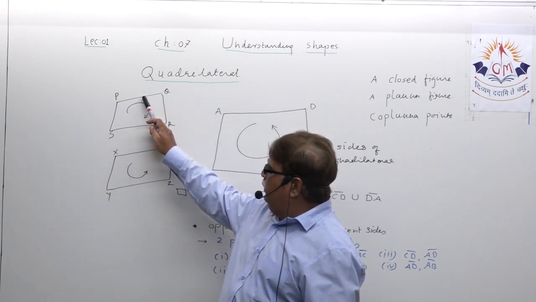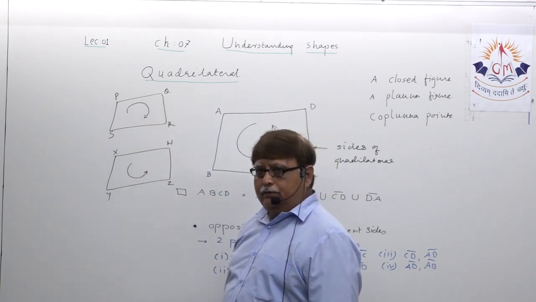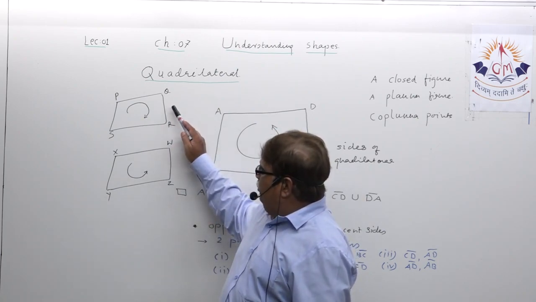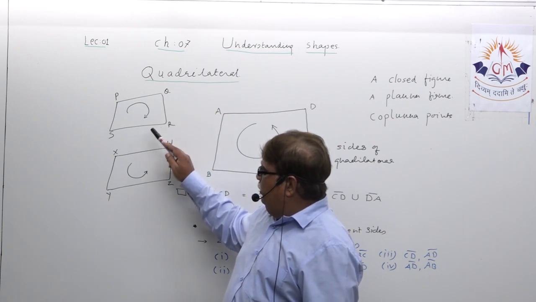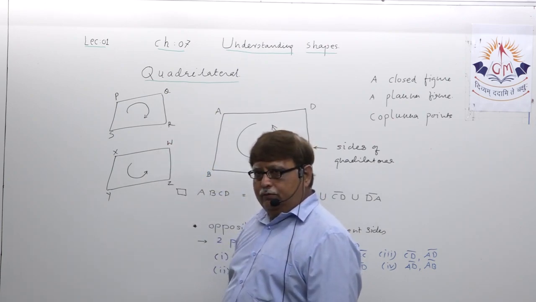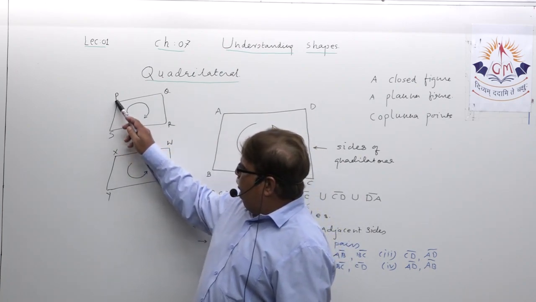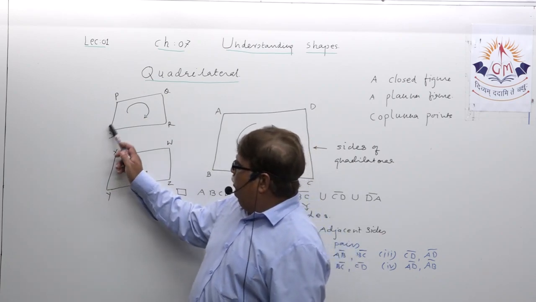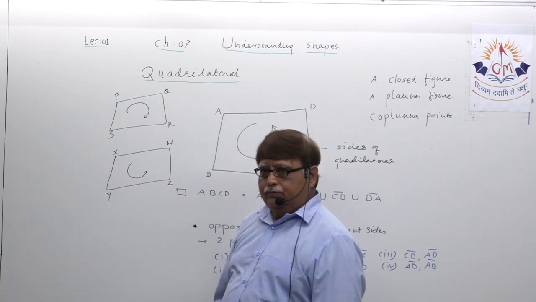First pair, PQ and QR. Second pair, speak before me at your home, QR and RS. Third, RS and SP. Fourth, SP and PQ.